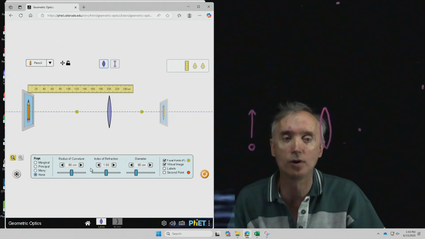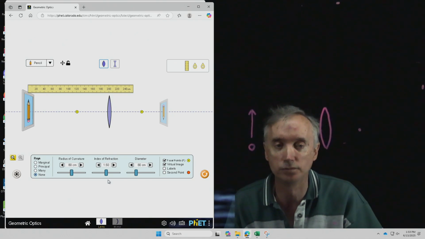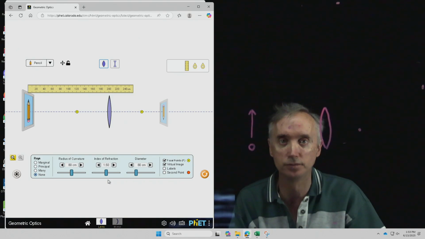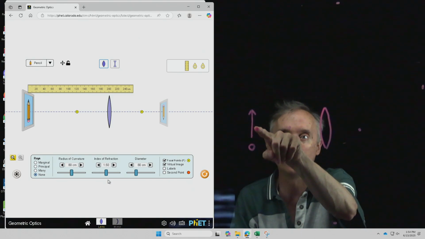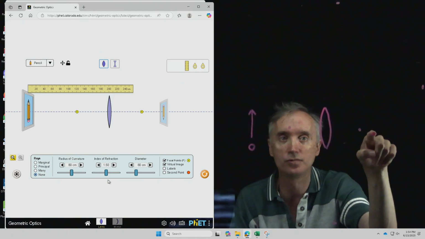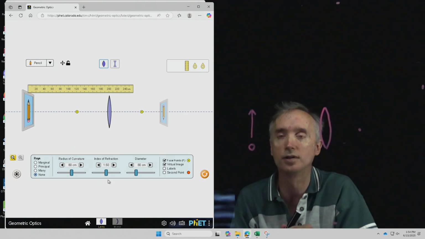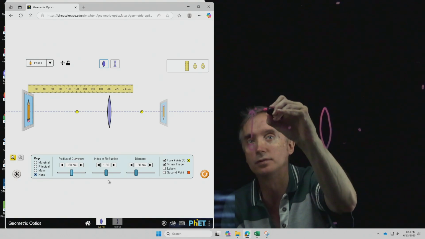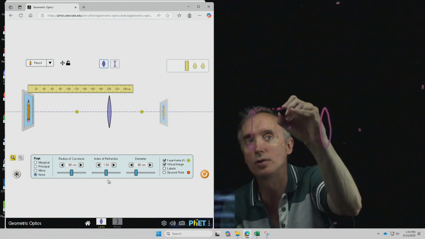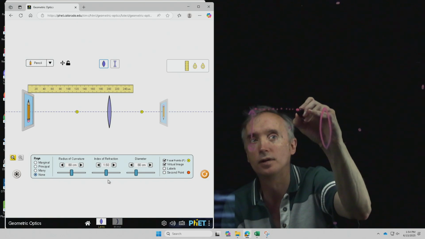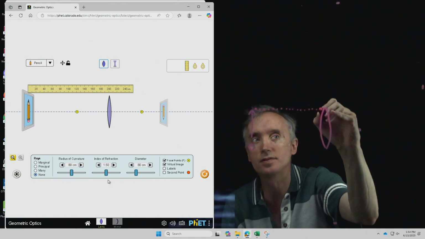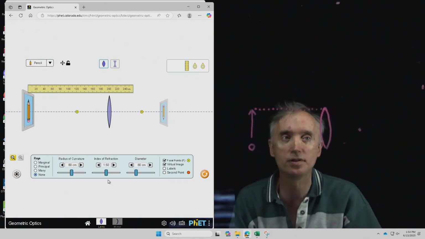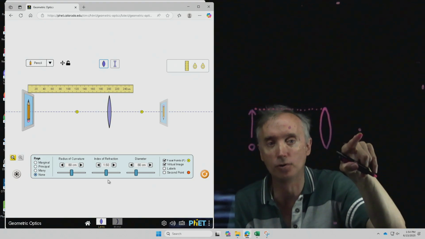So our first rule is going to be to make a horizontal line, a line that is parallel to this line here. Up here, in Microsoft Paint, you're going to make a horizontal line, and when it hits the center of the lens, bounce it through the focal point.